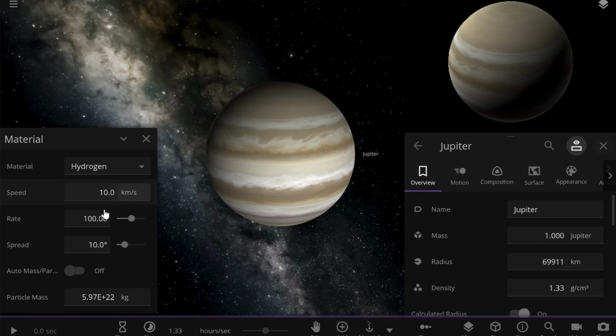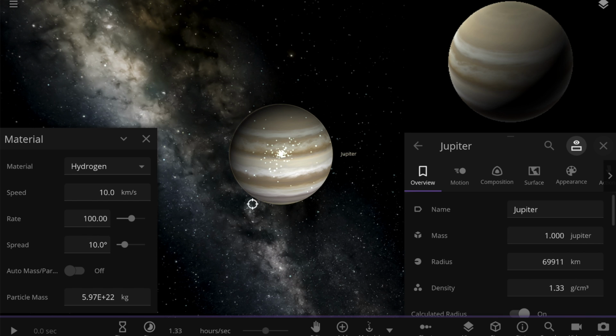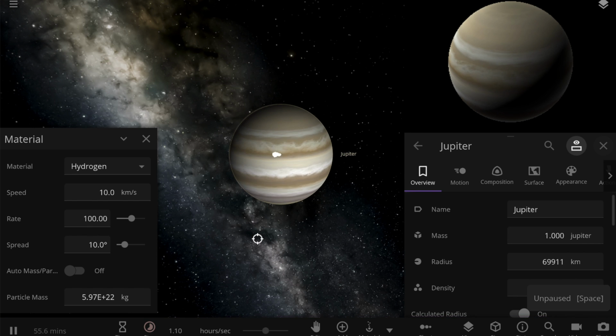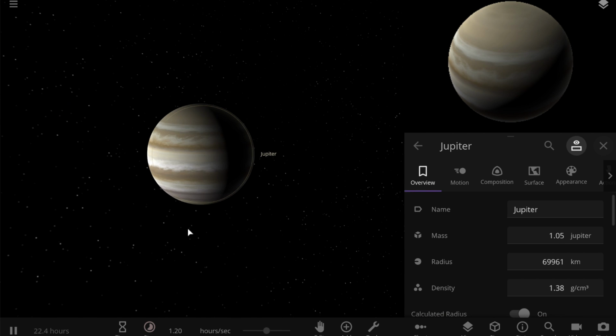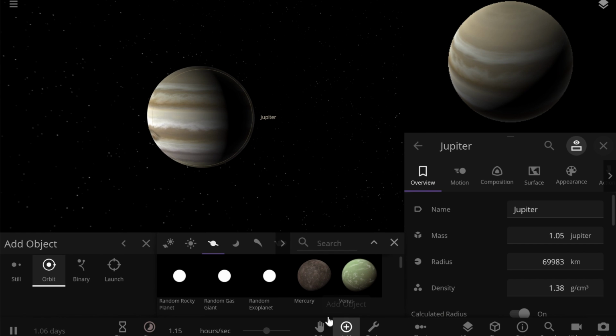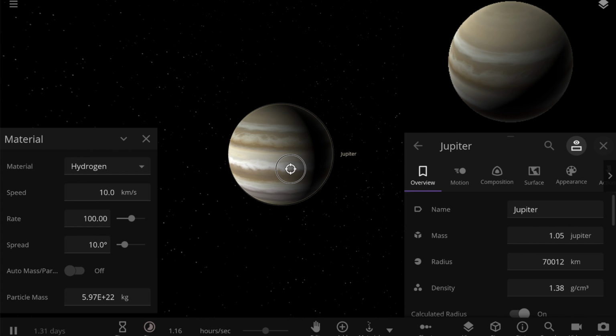Okay, so let's watch it go up. Okay, so it is going. Yeah, it's definitely going. Remember, each particle is 0.01 Earth. That's pretty big. Anyway, let's keep going. I'll tell you when it becomes a star.